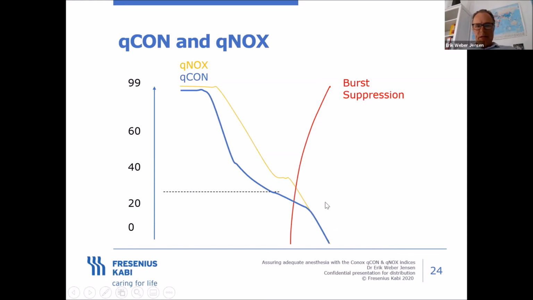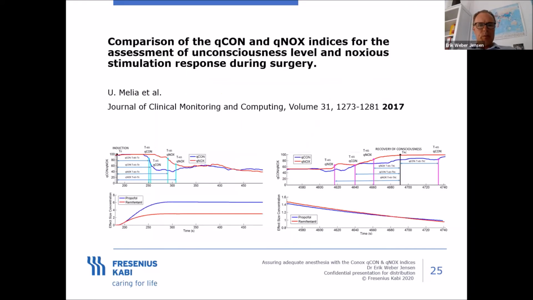In the very deep planes, if there are very high levels of burst suppression, the two indices tend to be very similar. So this is the study I was referring to, the study of Humberto Milian and co-workers, published in the Journal of Clinical Monitoring in 2017, where we see the average of the 140 patients who were included in the study.